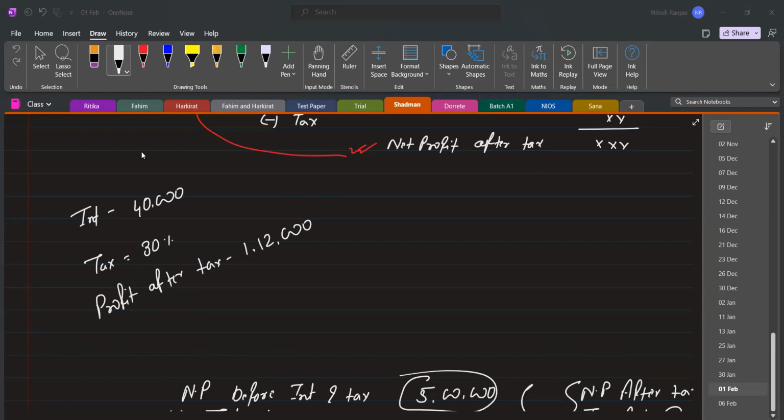Now, there is debt to capital employed ratio. After interest coverage ratio, there is debt to capital employed ratio.